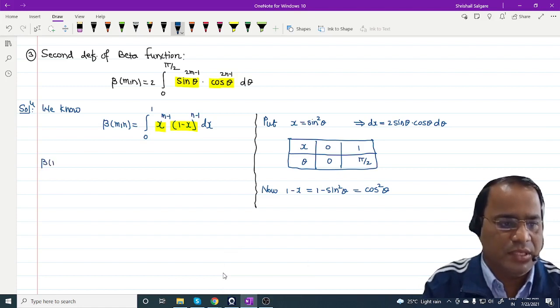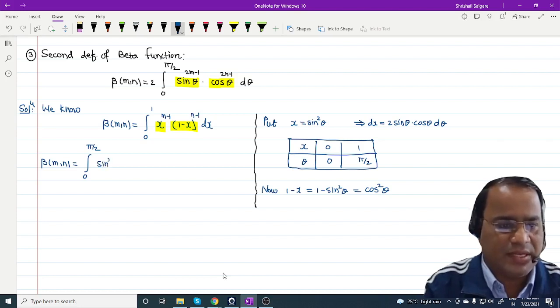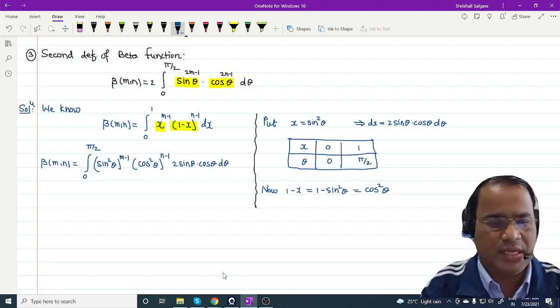Therefore beta of m, n is given by, with new limits 0 to pi by 2, x is sine square theta raised to m minus 1, 1 minus x is cos square theta raised to n minus 1, and dx is 2 sine theta cos theta d theta.